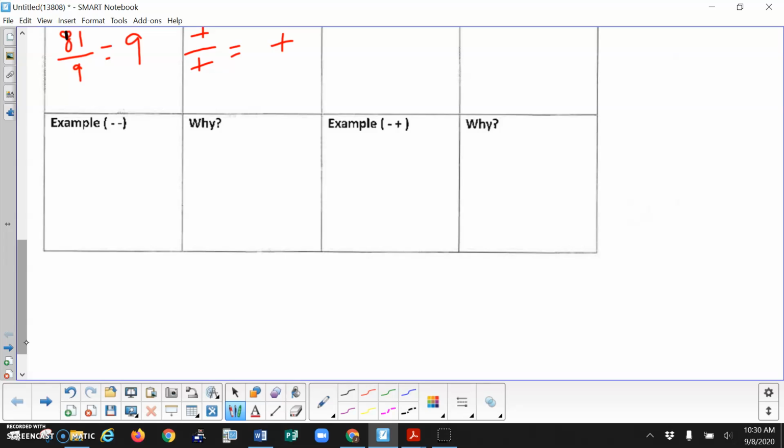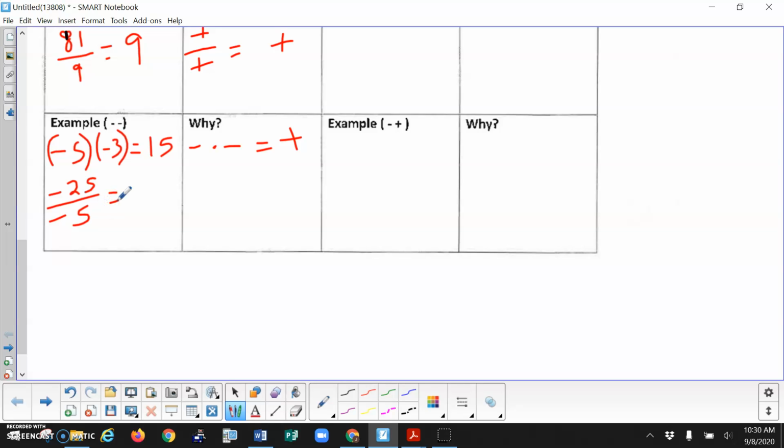The same is true with two negatives. If I'm multiplying -5 times -3, this is going to give me a positive 15 because a negative times a negative is going to give me a positive. And if I do division, -25 divided by -5, again, the signs are the same here.